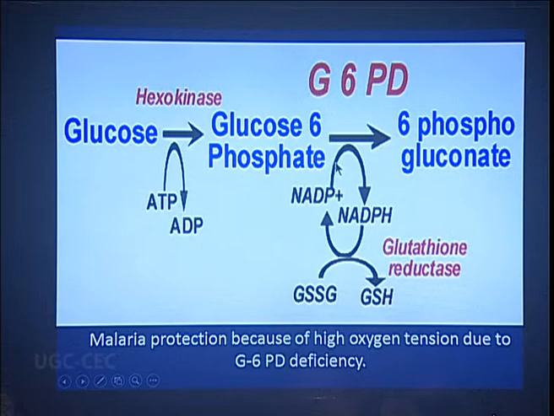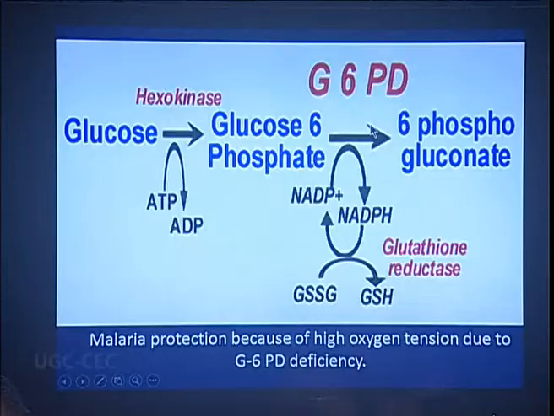But there are certain people who are producing G6PD deficient or who are not producing G6PD. These people are also resistant. Why? Because normally the ROS or reactive oxygen species are not removed or sequestered. So because of this ROS, this particular malarial parasite can be actually checked.